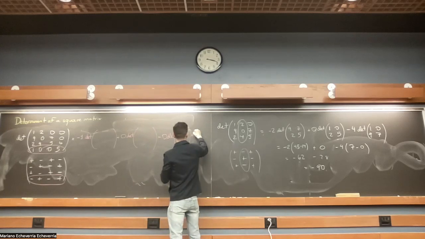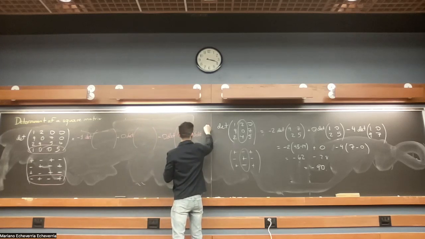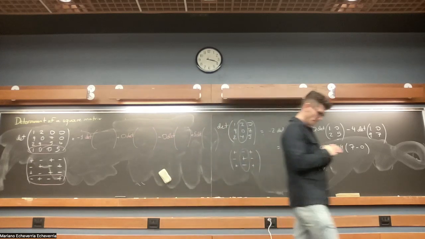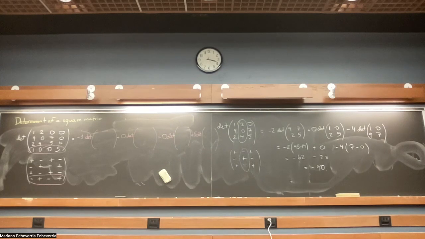Plus 5 times the determinant. Okay. But the point is that the determinants you put here are of 3x3 matrices, right? So that's how you keep reducing the size of the problem.